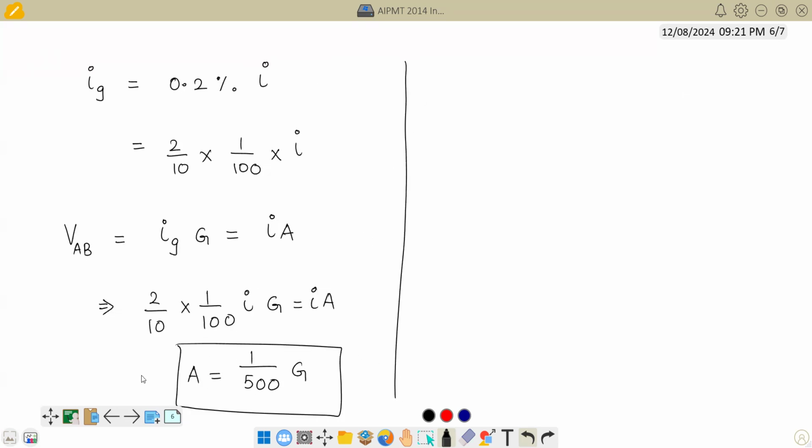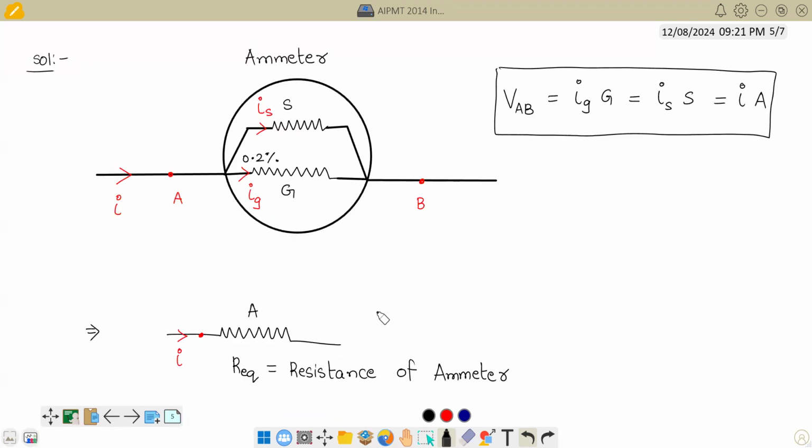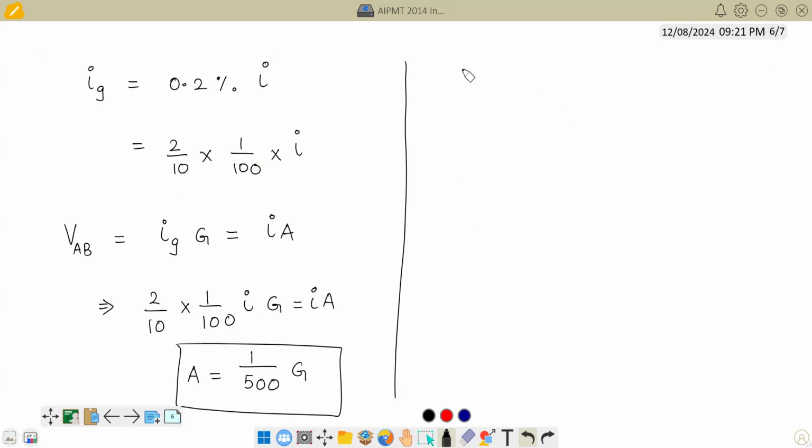Suppose in the question, we are not asked the resistance of the ammeter, but the resistance of the shunt. Then we will use the same expression, I_G into G equals current through the shunt into shunt resistance. We know 0.2% of the total current I is going through the galvanometer. Then how much current would go through the shunt? 99.8% of the total current.